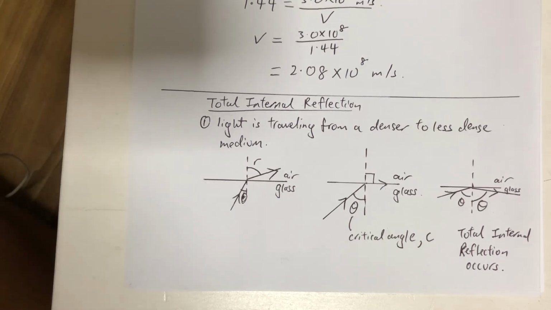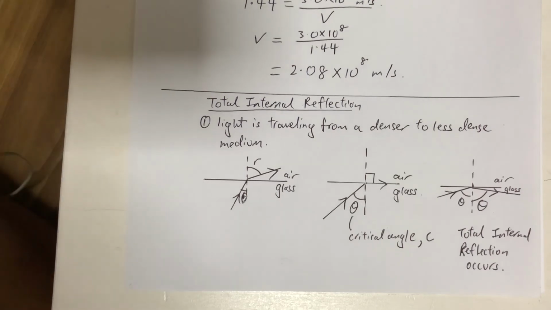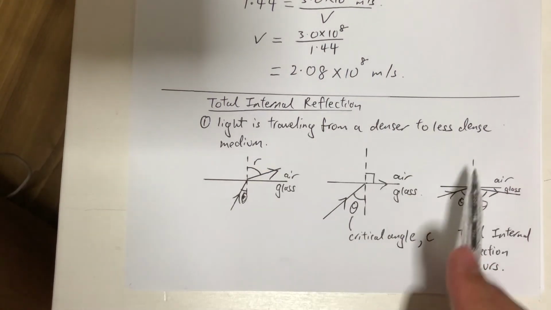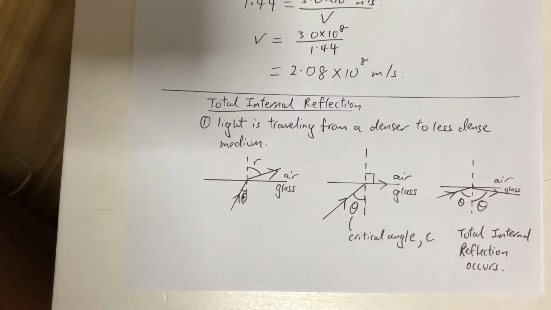So that's actually an example of total internal reflection. There are other examples out there as well. I will leave you to explore the real world and find out what those examples are. But for us, this is the first condition for total internal reflection to take place, which is light is traveling from a denser to a less dense medium.